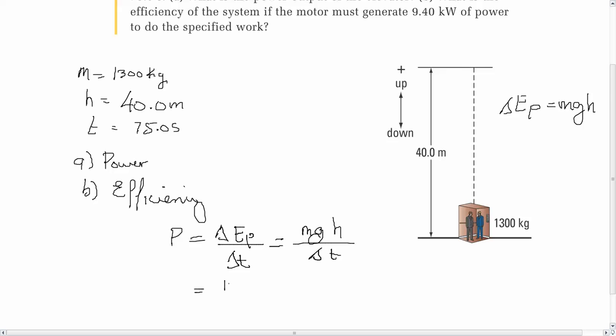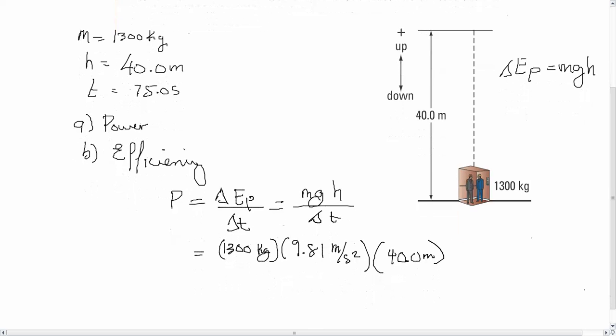So mass is 1,300 kilograms times g, which is our acceleration due to gravity, 9.81 meters per second squared, and our height is 40.0 meters. And all of that is divided by our time of 75.0 seconds.